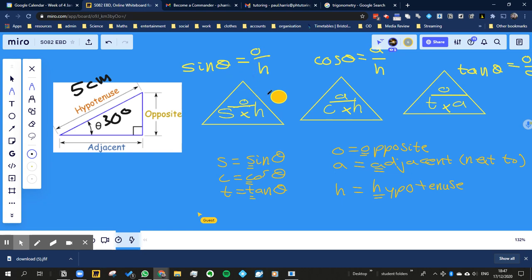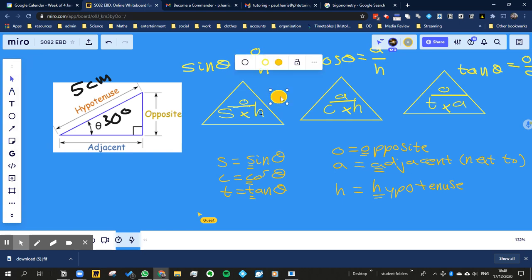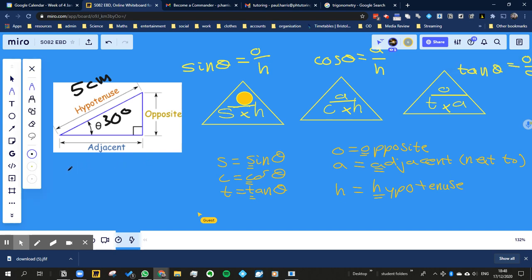Well, using this triangle here, I want to work out the opposite, so I cover up what I want to work out, and it's sine theta times the hypotenuse. So the opposite is equal to sine theta, or sine 30 in this case, times 5. Okay.